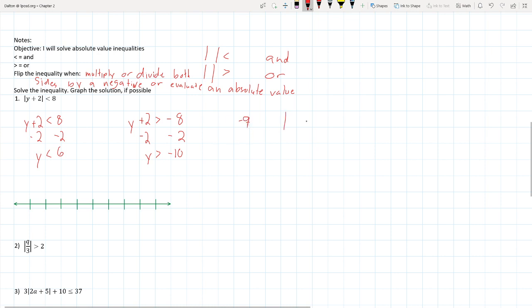The absolute value of negative 9 plus 2, absolute value less than 8. That's the absolute value of negative 7 is less than 8. The absolute value of negative 7 is 7, which is less than 8. That's a true statement. If I did negative 10, it would equal 8 exactly, and that's not a feasible answer for us.